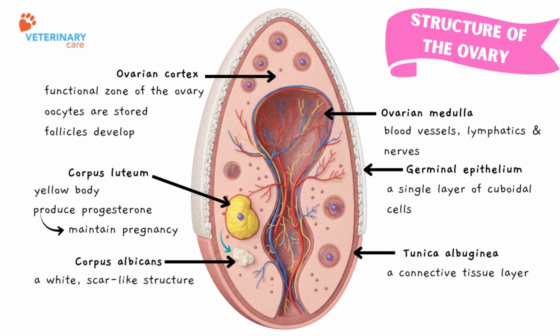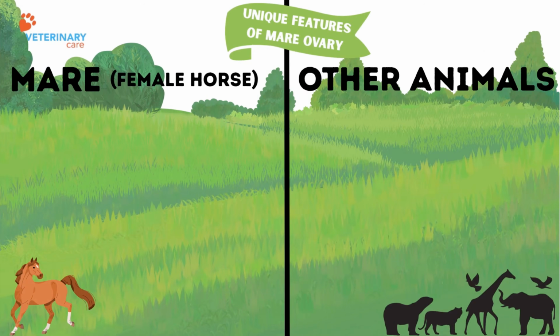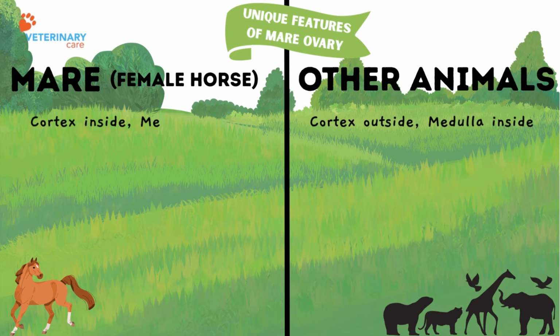In mares, the ovary is different from other animals in a few ways. In most species, the cortex is on the outside and the medulla is on the inside, but in mares this is reversed, with the cortex inside and the medulla outside. Ovulation is also different.